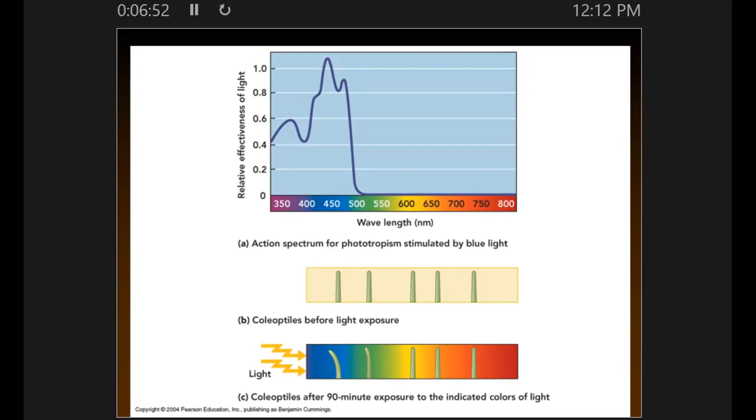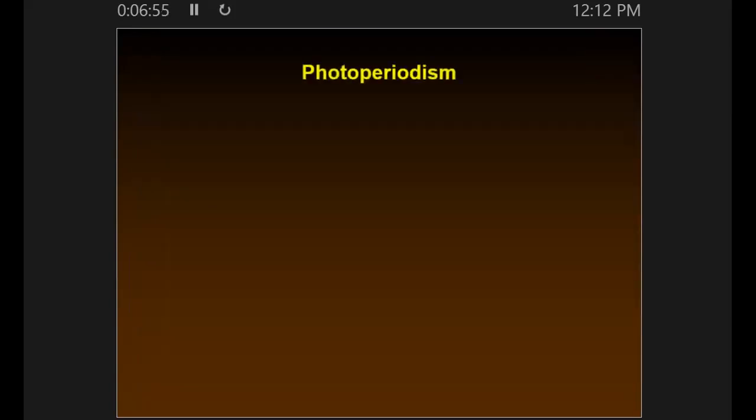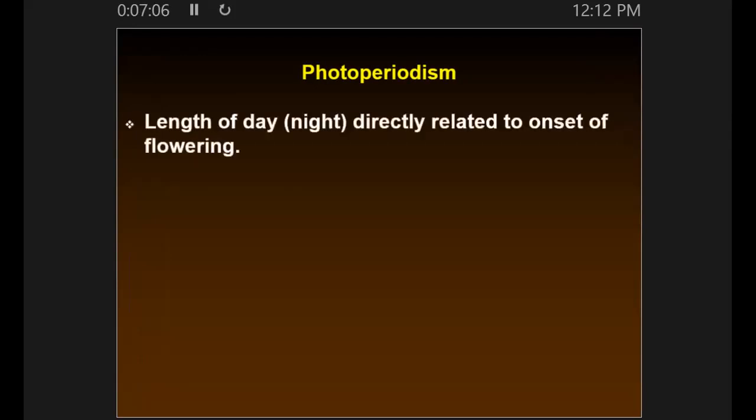then respond appropriately. So another idea that they've been looking at is this photoperiodism, is the fancy word, but basically it's studying how does a plant know day versus night, and then use that information to decide when to flower, which is obviously pretty important for the plant, because if the plant is kicking into that part of their life where they're forming flowers, that means they're ready to do sexual reproduction, get their seeds made, which is vital because that's how they pass on their genes into the next generation.